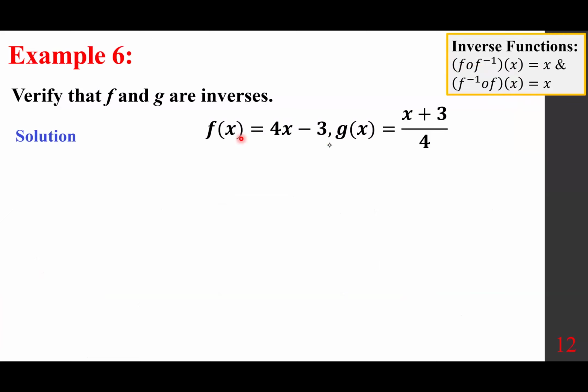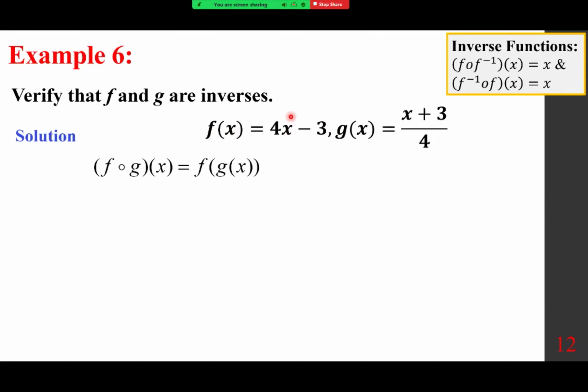So f of g of x means f of g of x. And so that means in this function, we're going to replace the x with the g, which is x plus 3 over 4. So we want f of x plus 3 over 4, which means 4 times that.